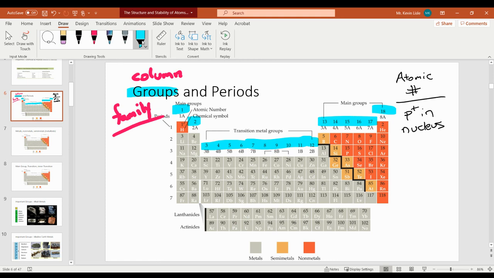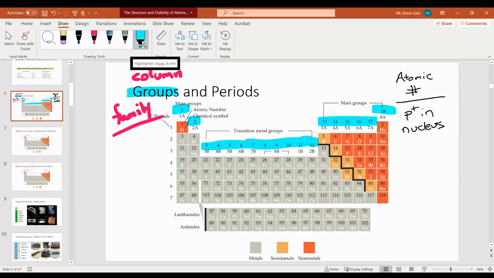Group 18 are noble gases, helium and neon and argon, etc. Again, super important that we understand that this represents elements that have similar chemical and physical properties. If they're in the same group, we expect them to have some similarities.